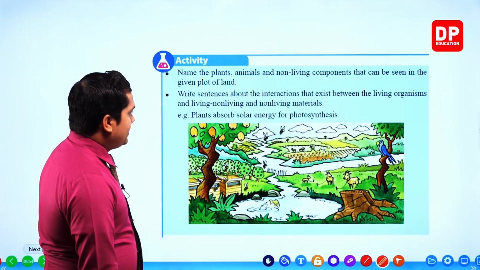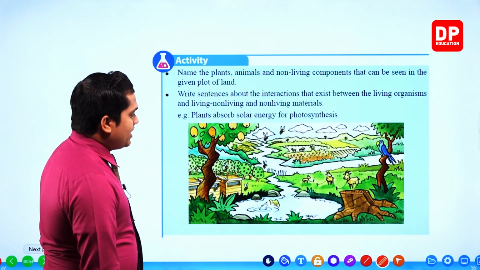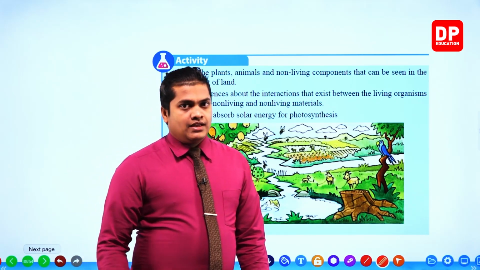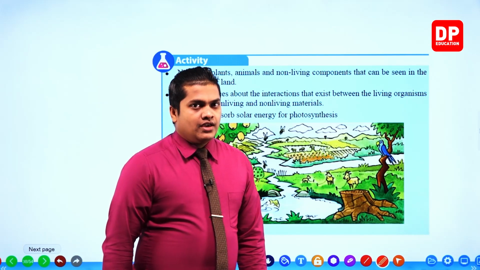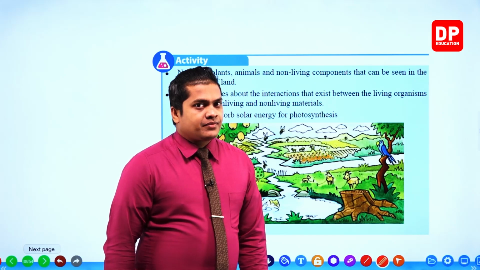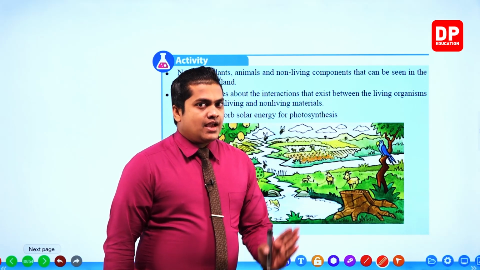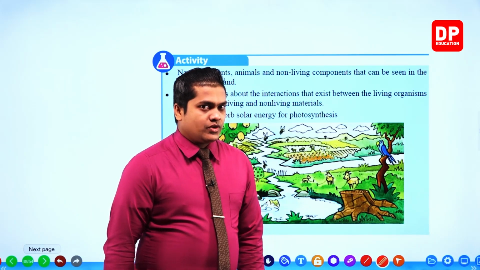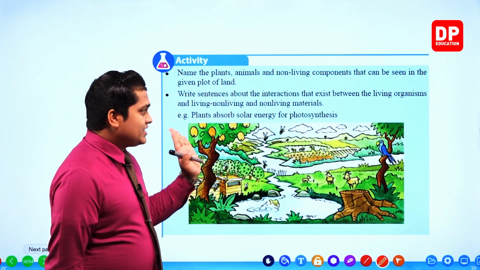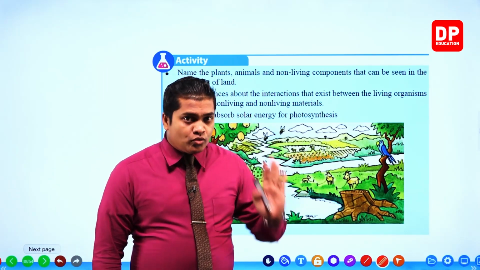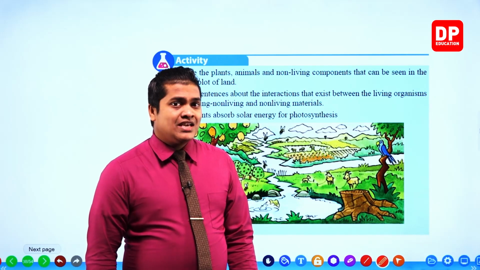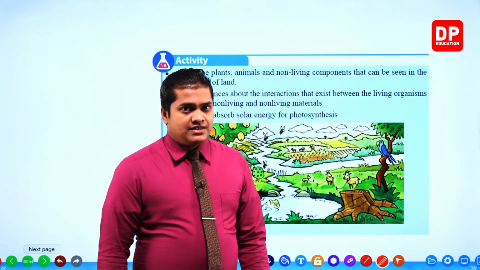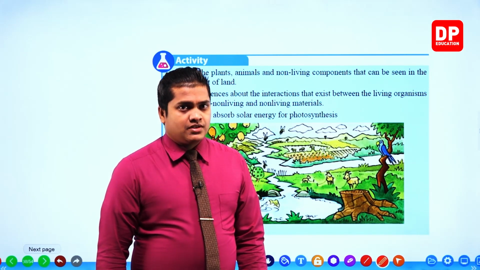Then I will write down another 3 interactions as sentences. This is only as a support for you, okay? You have to do this at your home, my dear children. It's important to identify these things and the relationships, okay?